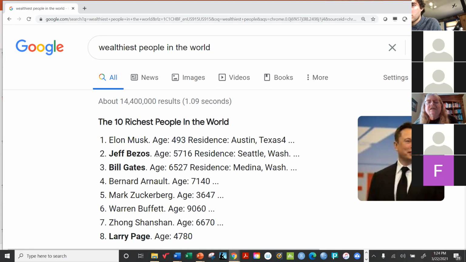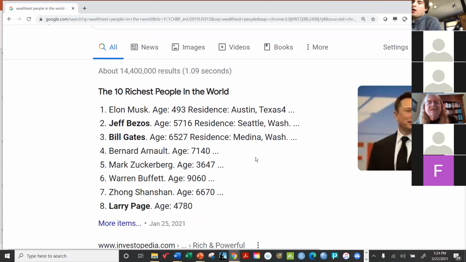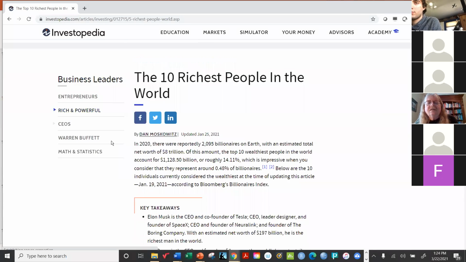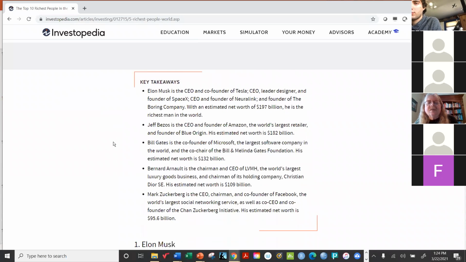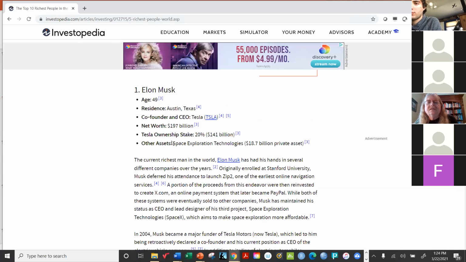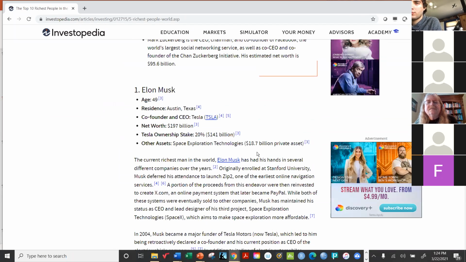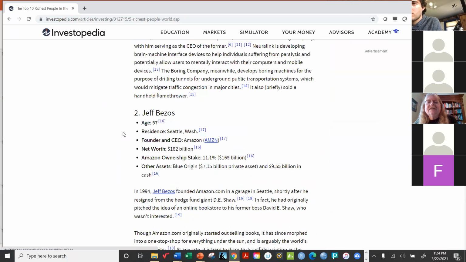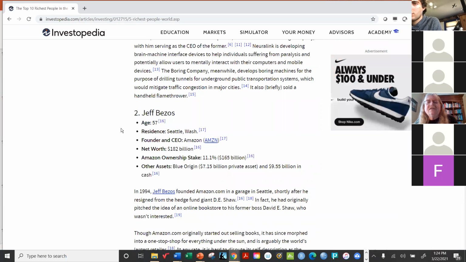So we got Jeff, it doesn't say though. I want to see the numbers. Come on, that's the exciting part. I don't care about the ranks. Elon, there it is, 197 billion. All right, so not bad, huh? I'd like to have that. And then Jeff is at only a measly 182.